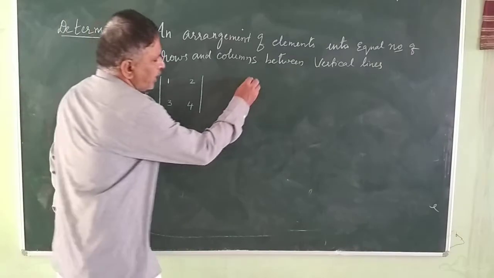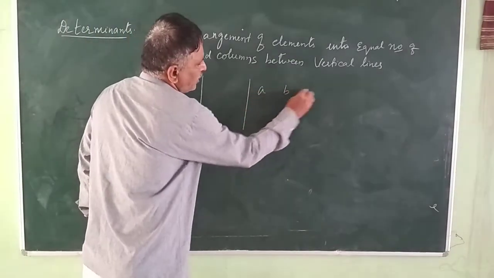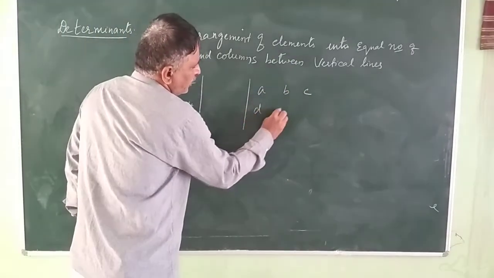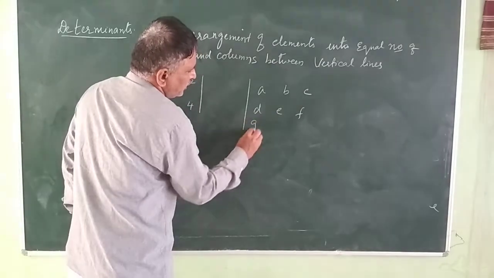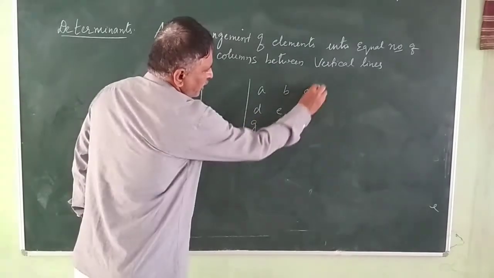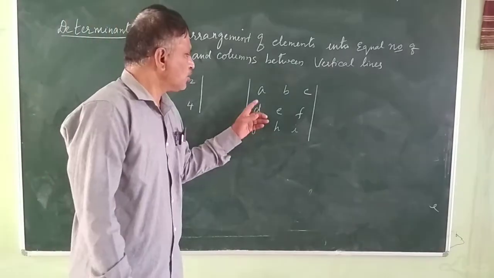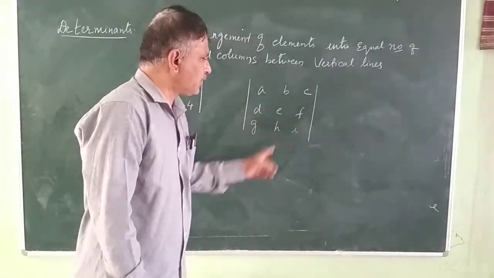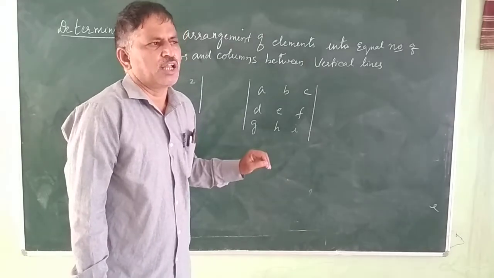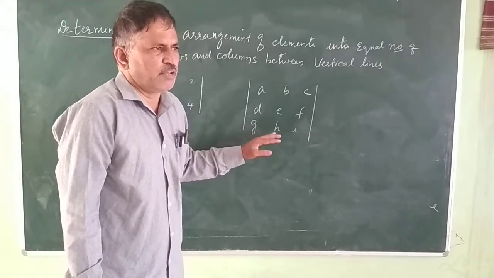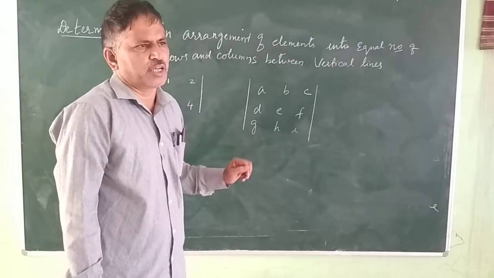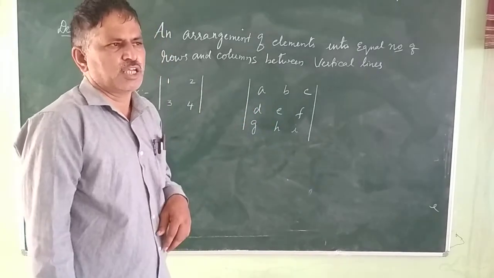One more example I can take: A, B, C, D, E, F, G, H. Here also I have taken an equal number of rows and columns. That means there are 3 rows and 3 columns, and these elements are between the 2 vertical lines. Hence it is also called a determinant.